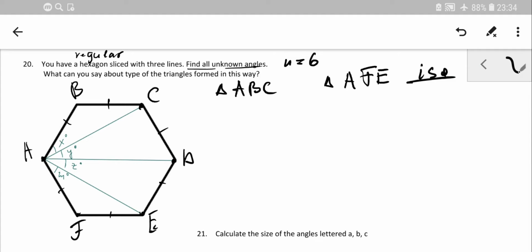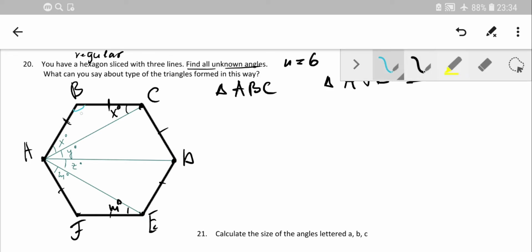All right, so it's isosceles because of 2 sides the same, right, we are agreed to have x angle here because angles at the base should be the same, and here we can state that this angle is m degrees.